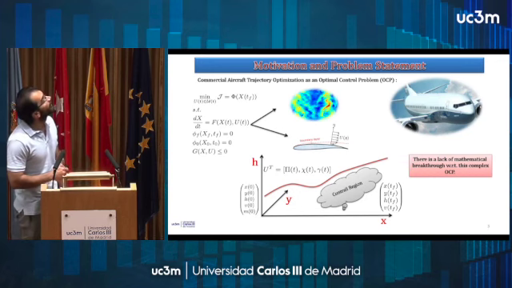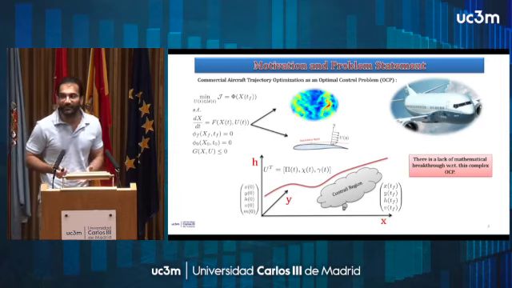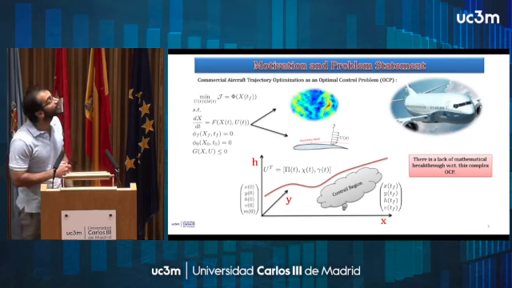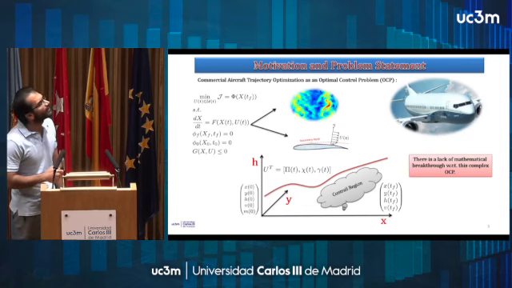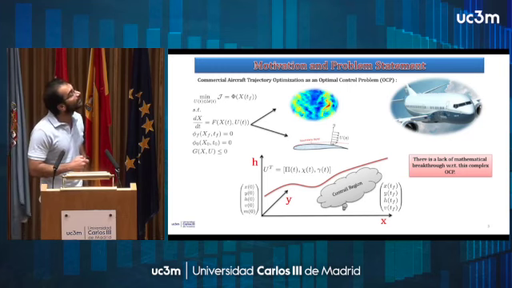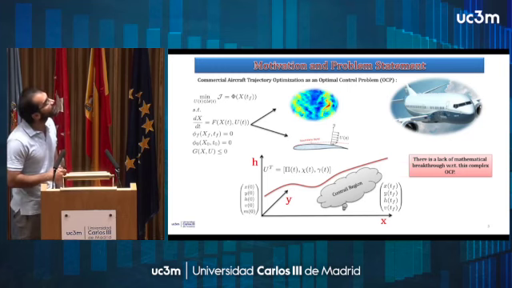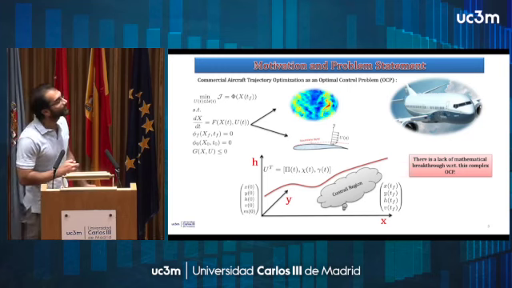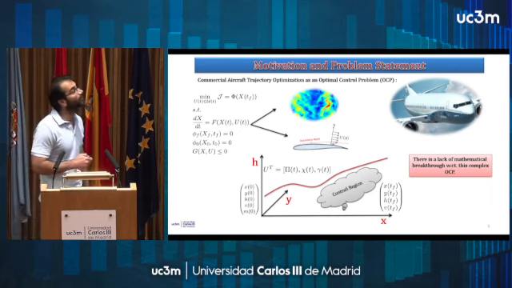For this nonlinear function f, this includes many complex terms related to wind fields, which can contain uncertain parameters. It also includes the drag force, the engine type, and any other information related to the aircraft model.